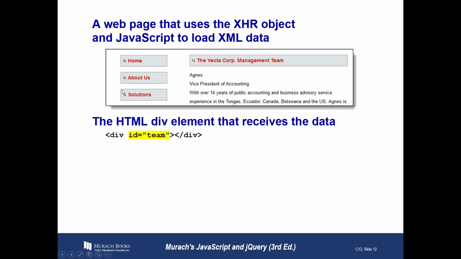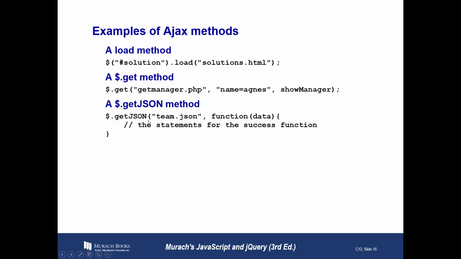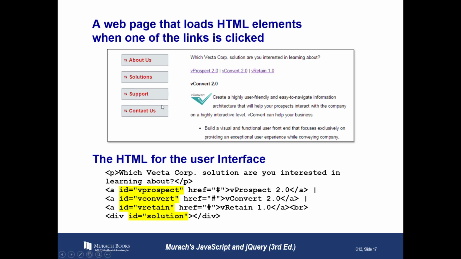In fact, I'd say I'm more not an expert than I am an expert. Here are methods for working with Ajax, so you can see some of the stuff that's available. Like with jQuery, there's a .each to allow you to go through a list of things. There's load, there's getJSON, etc.